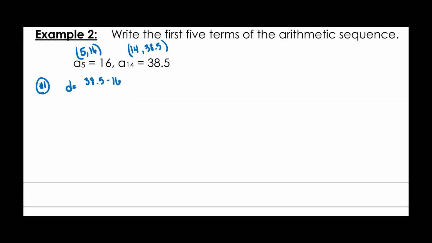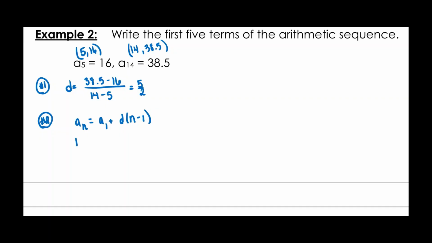38.5 minus 16 divided by 14 minus 5. In doing so, you're going to get 5 halves once you reduce on that. Okay, next we want to go ahead and find the first term. So I'm going to use my formula a sub n is equal to a sub 1 plus d times n minus 1.